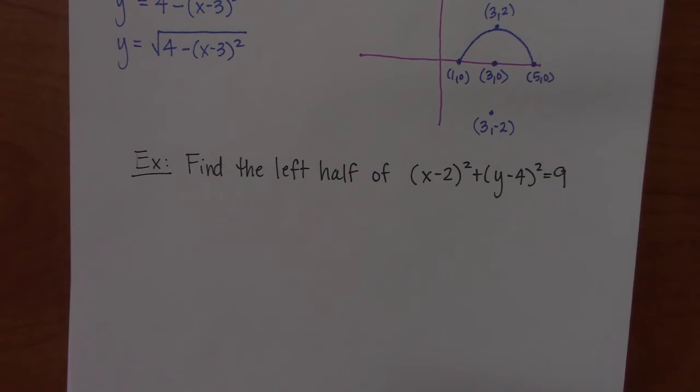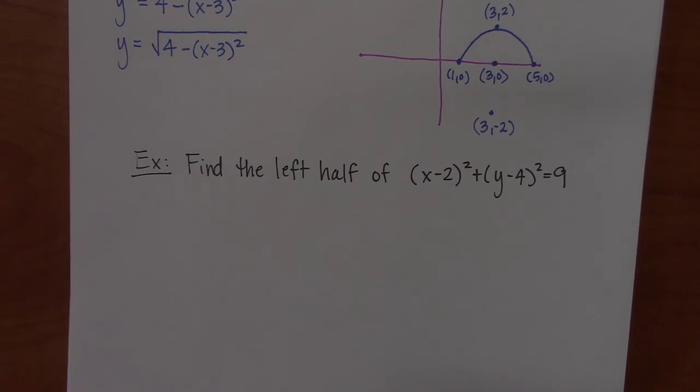So if we want the left half, are we going to solve for x or solve for y? X, right? Because y gives us top and bottom, right? X gives you left and right.